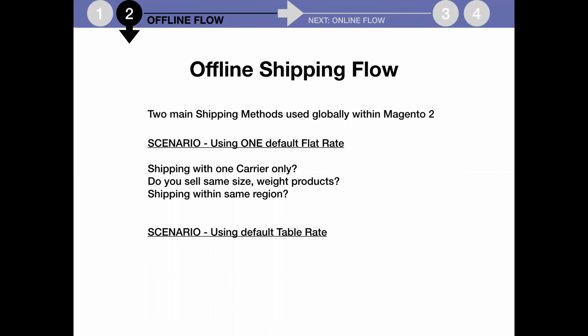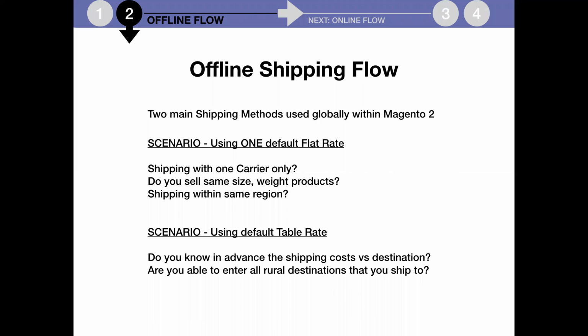And if you would like to use table rate, do you know in advance all the shipping costs and various variations for the shipping services versus the destination that you're shipping to? You will need to know that and populate the table data with this information.